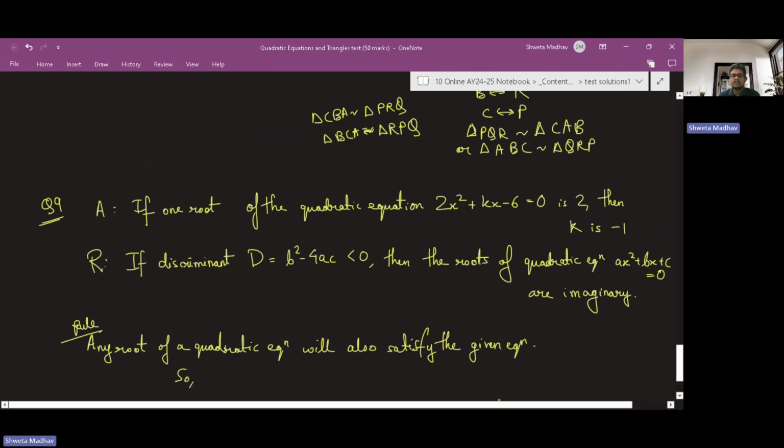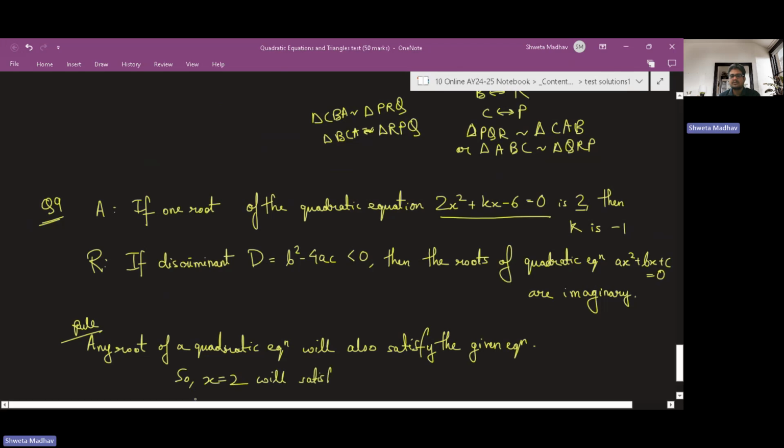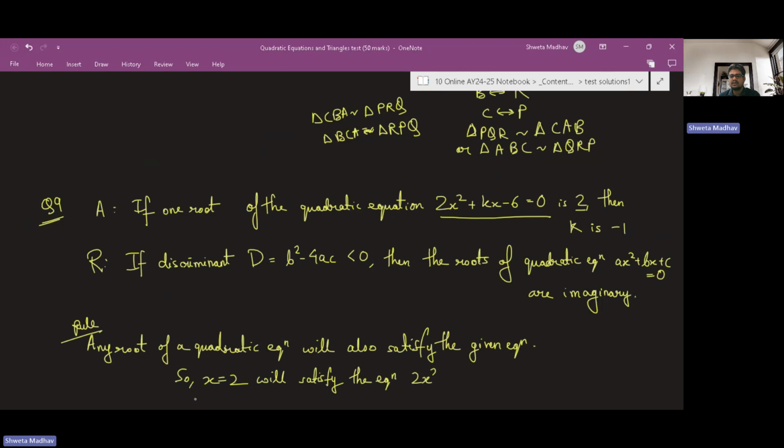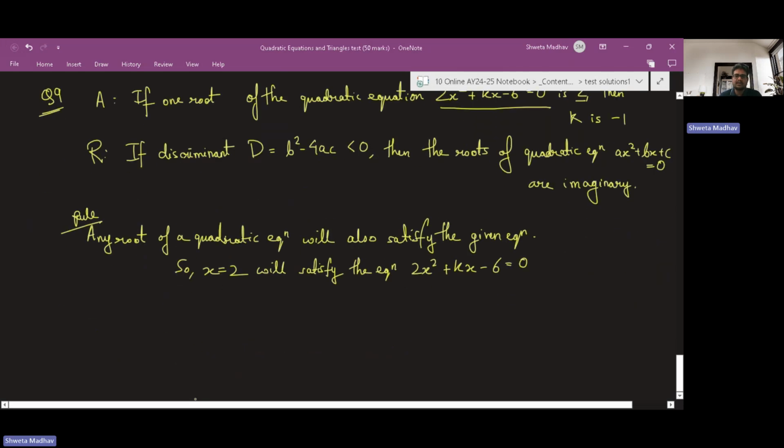So here it is given 2x square plus kx minus 6 equal to 0, and one of the roots is 2. So it means that x equal to 2 will satisfy the quadratic equation. So we can put x as 2.